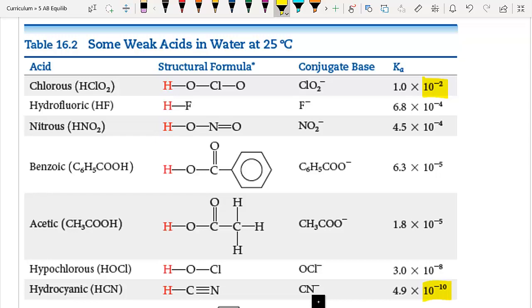It's very common that we have Ka values in this range. And you'll note that very small K values are always going to indicate that most of what you find is going to be on the left side of that reaction. The reactants are favored, is another way of saying that. Okay, so the reactants are favored. We have mostly molecules. We have very few ions, relatively speaking.